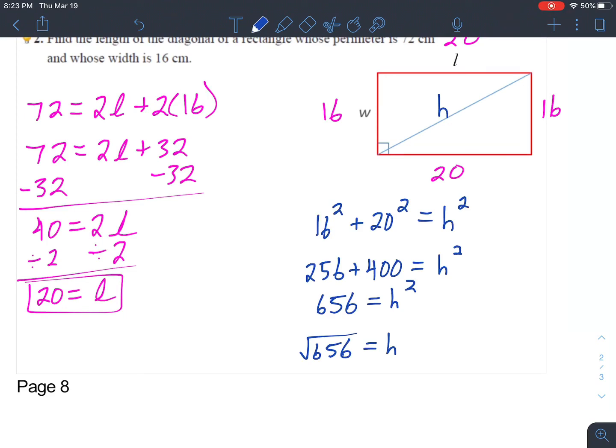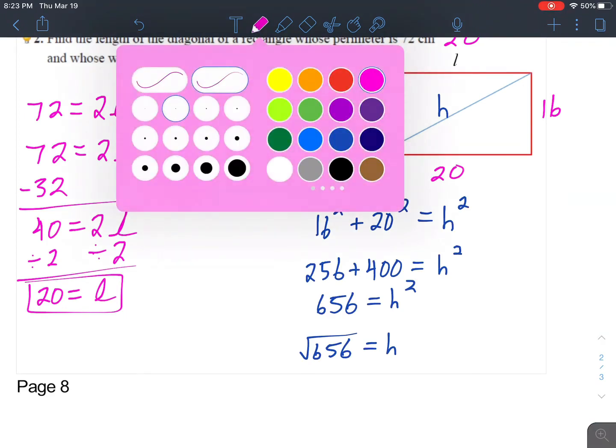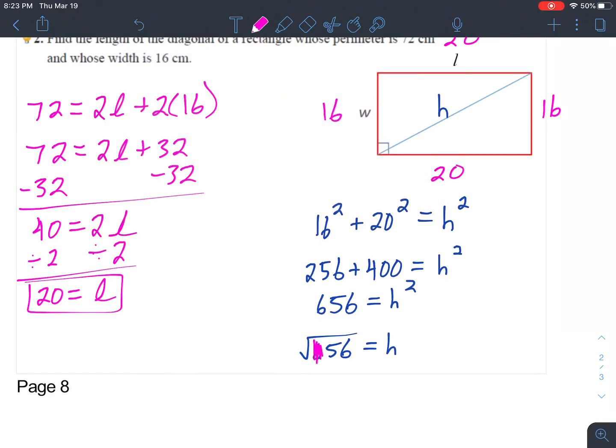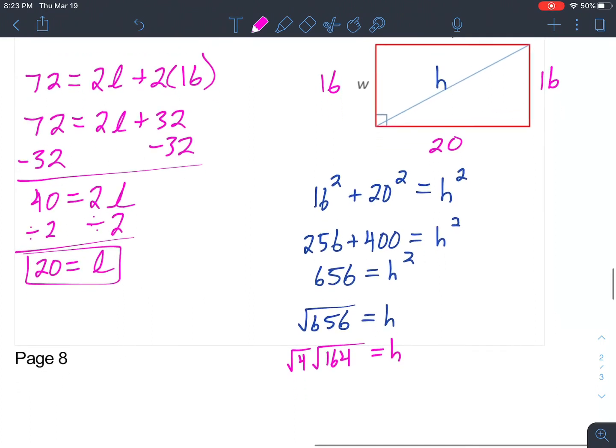Now, in order to simplify that, I think this might be divisible by 4. So in order to figure out if it's divisible by 4, you look at the last two numbers. 56 can be divided by 4. And in fact, when we divide that by 4, we get 164. And then I see that we can divide it by 4 again, because if we cover that up, 64 can be divided by 4.